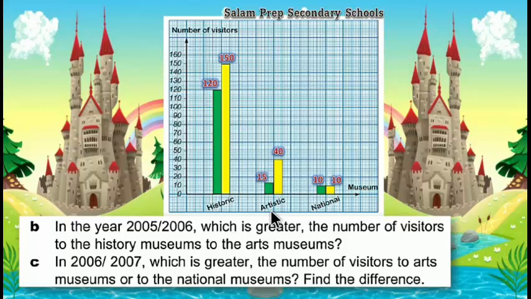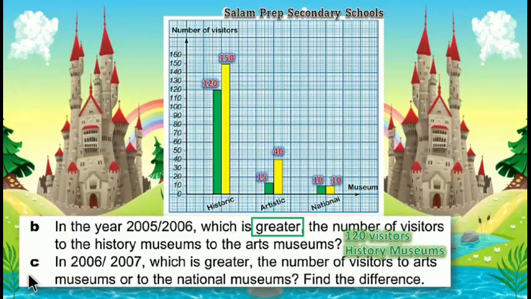In Art Museum 2005-2006, number of visitors 15, okay? So the greater number of visitors are 120 visitors in Historic Museum.